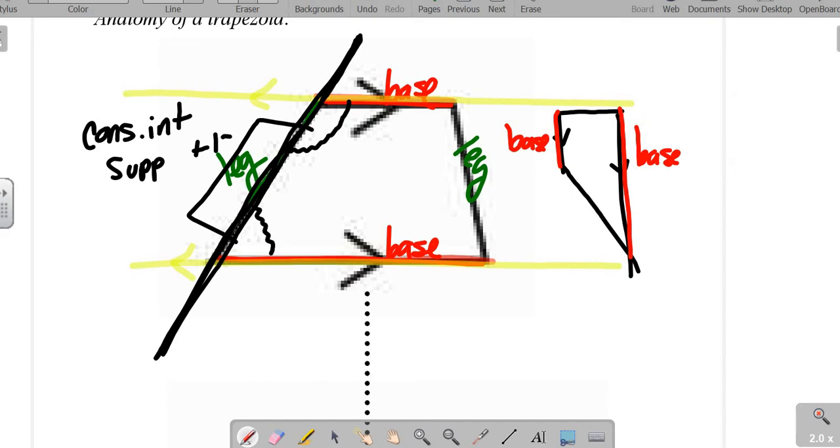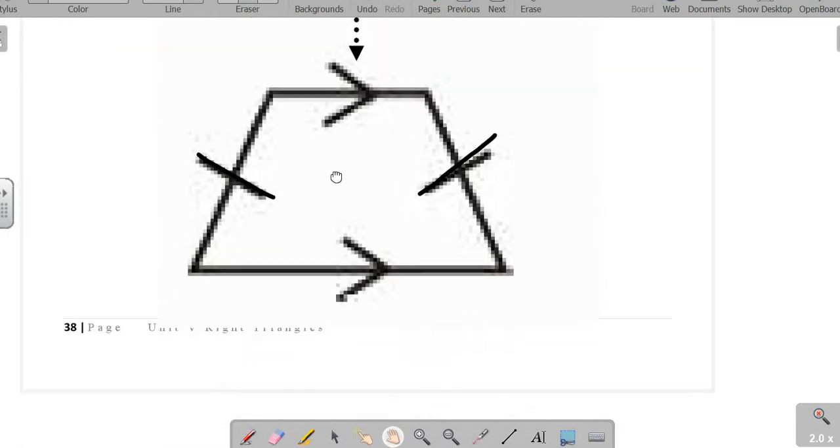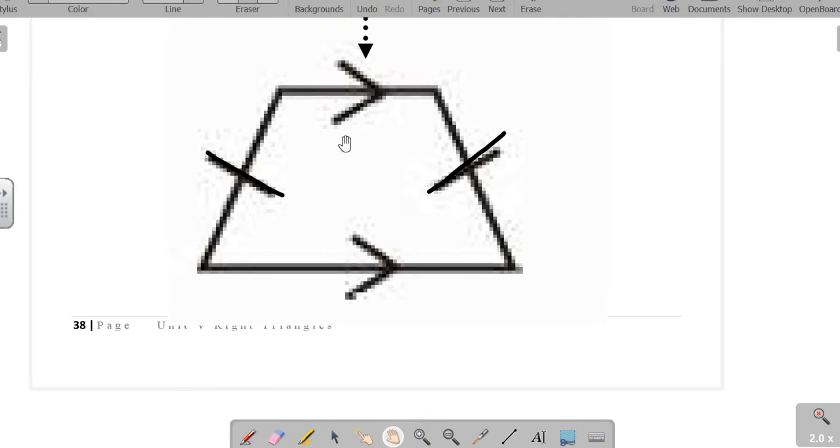They add up to 180, those consecutive interior angles. Now, when it becomes isosceles, these angles are still consecutive interior, which means they add up to 180.